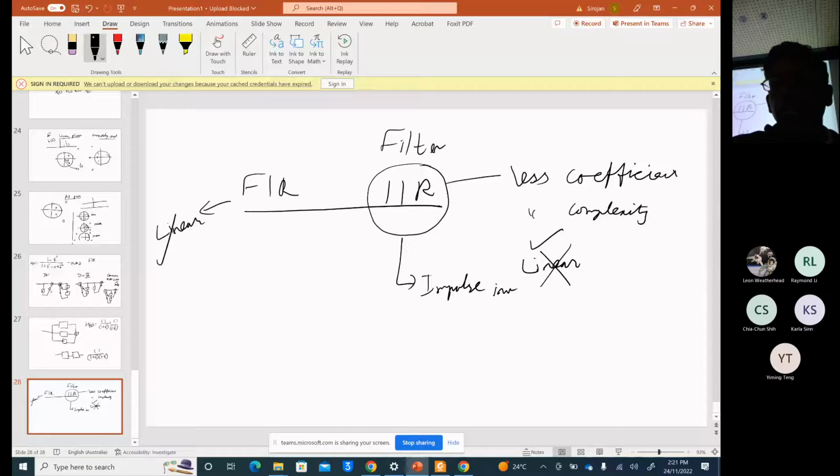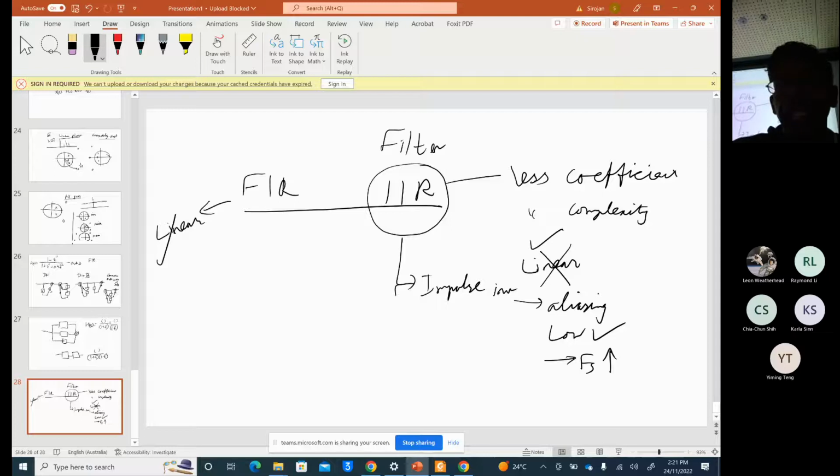The problem with the impulse invariant method is aliasing. For low pass filters, it is okay. And how can you solve this problem? By increasing the Fs. If you increase the Fs, then the aliasing problem becomes less, so it can be okay.